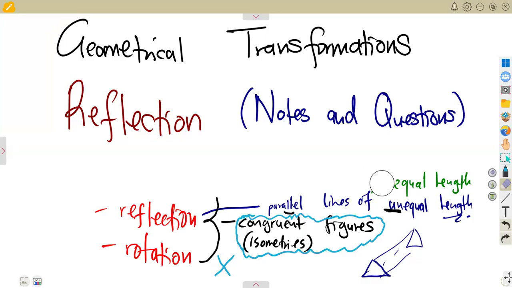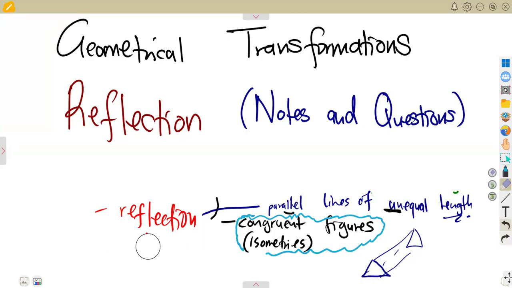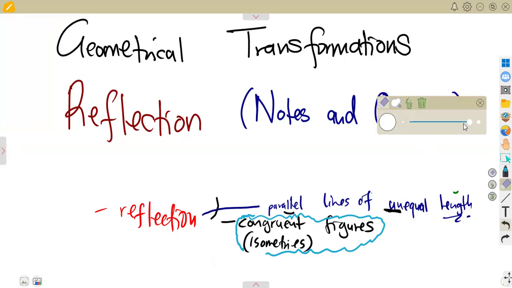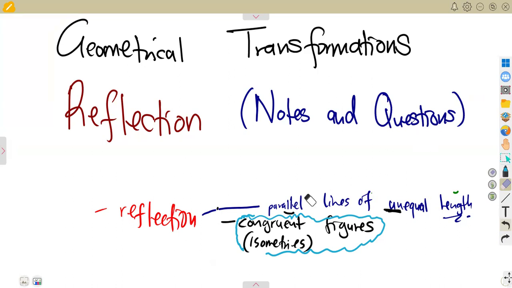So like I said, we are going to focus on a reflection. We want to consider this reflection on its own as a transformation. We have seen that a reflection is an isometry. It is part of the isometries where the object and the image are the same. What we see on the object is exactly what we are seeing on the image.